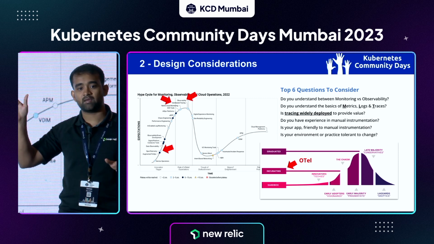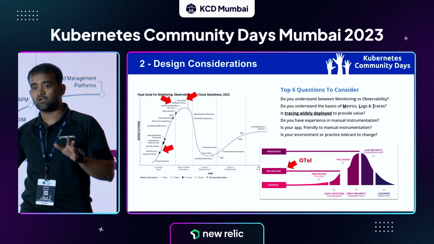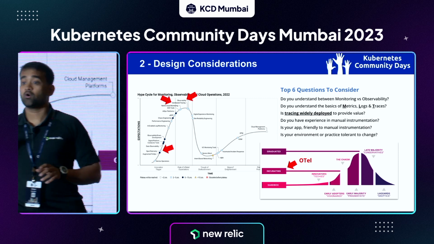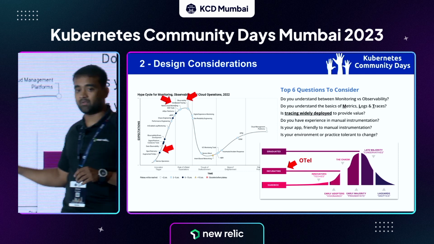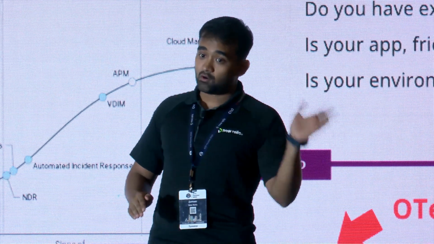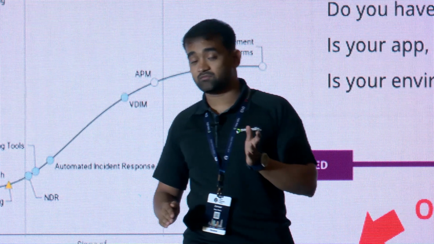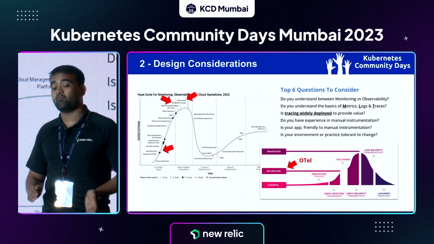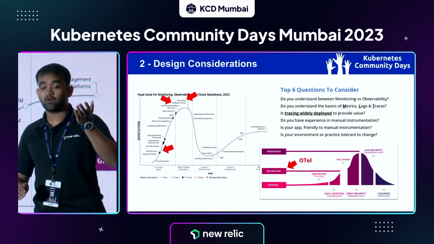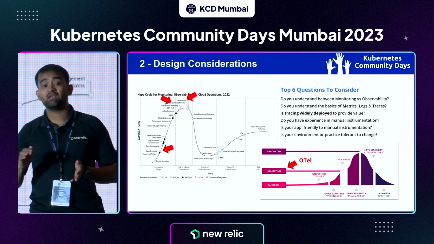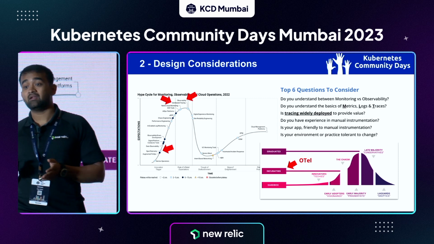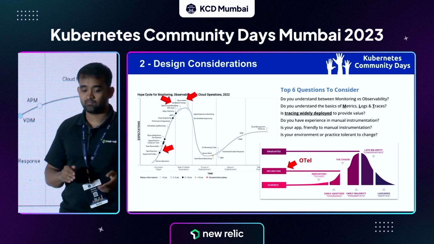They know what to expect. They know if something fails, what the troubleshooting guide is, and what to do. And OpenTelemetry is still picking up the pace. But there's a lot of interest and it's picking up the pace, which is good, because whenever OpenTelemetry reaches the peak and the industry is widely adopting it, OpenTelemetry will be mature and ready for all the applications.